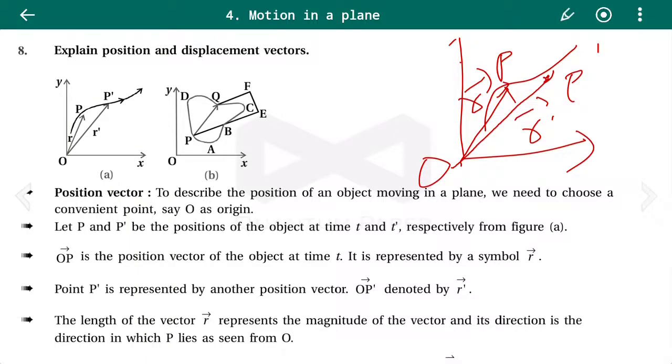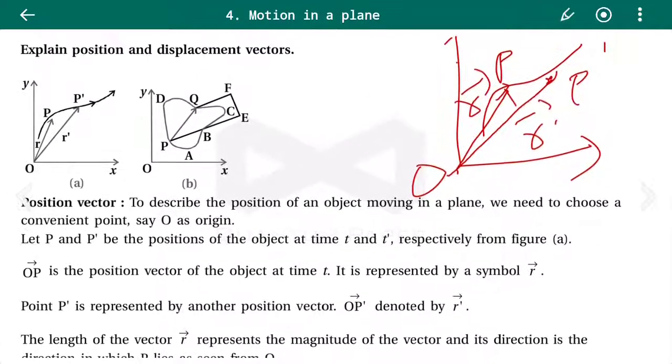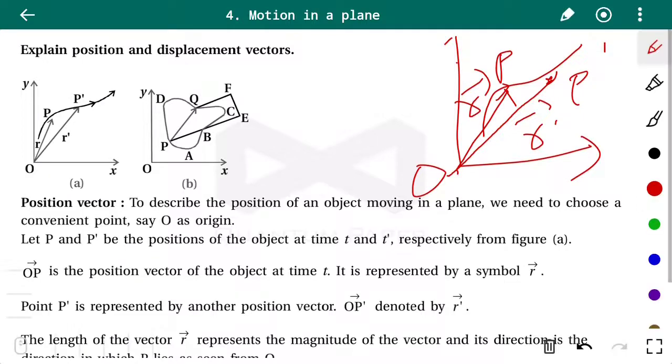So OP is the position vector of the object at time t. That means at time t the object is at P with reference to the origin. So you can write OP vector equals R vector, right?